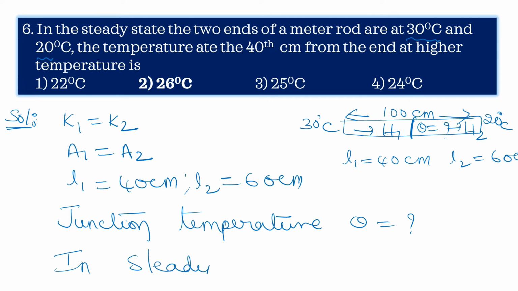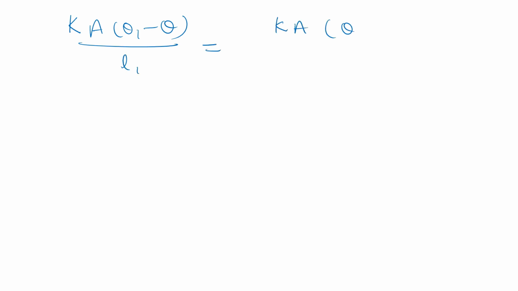In steady state, H1 is equal to H2. Rate of flow of heat is the same. So K A (theta 1 minus theta) by L1 is equal to K A (theta minus theta 2) by L2. K A gets cancelled.